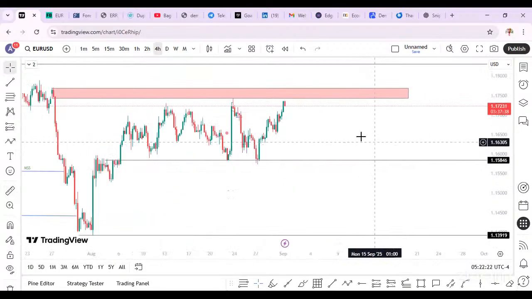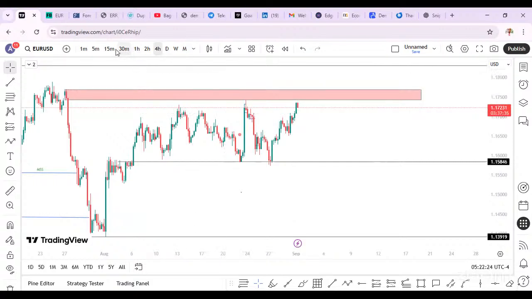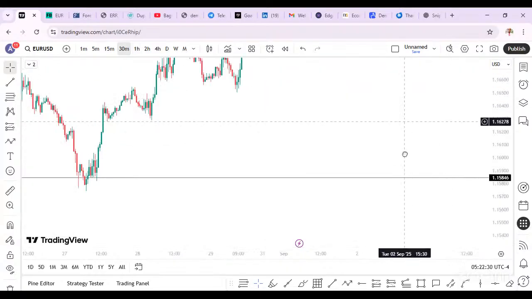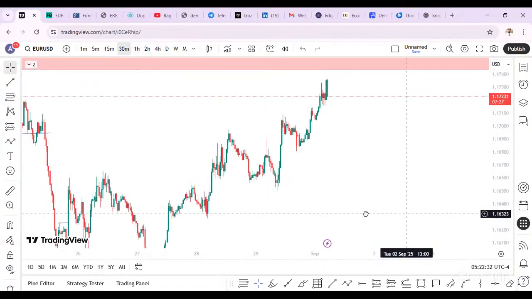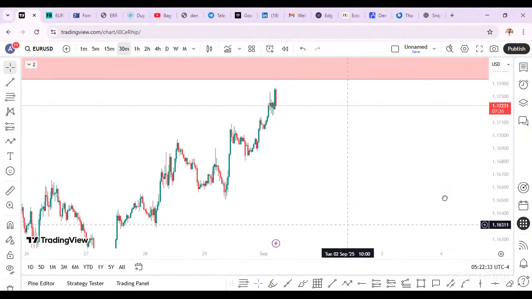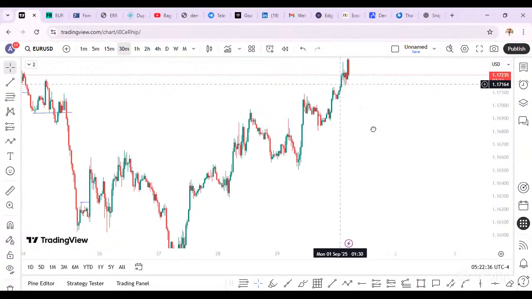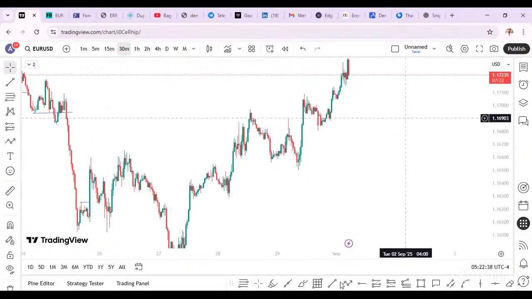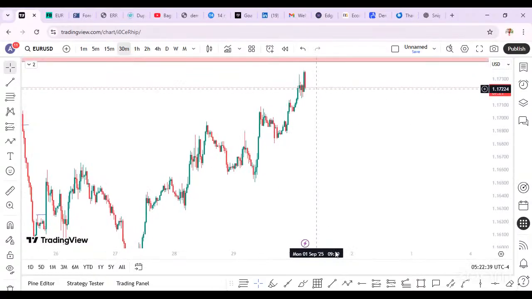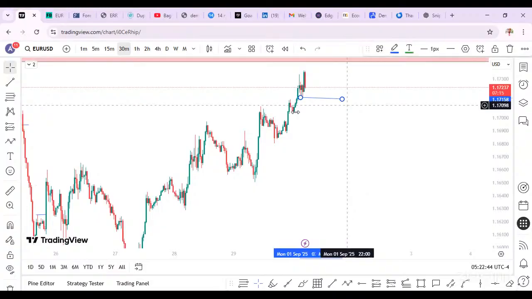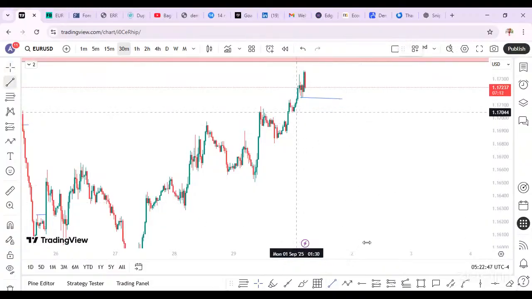So what we can do is go to maybe the 30-minute time frame. If you want to sell, now you can see that we are still more bullish. Maybe when price begins to break some of these lows, then we can look for a bearish opportunity on Euro.